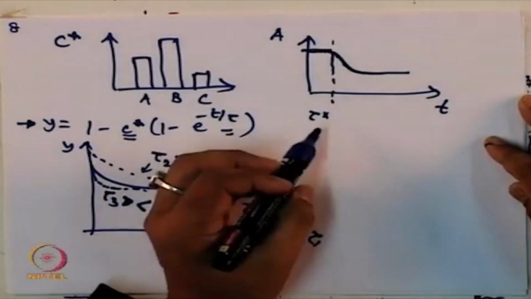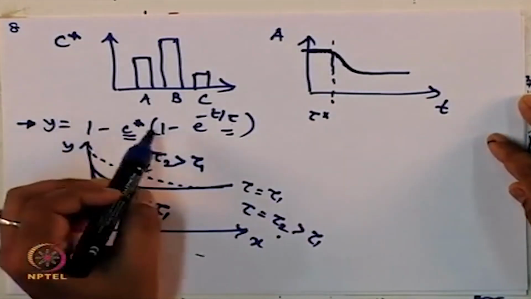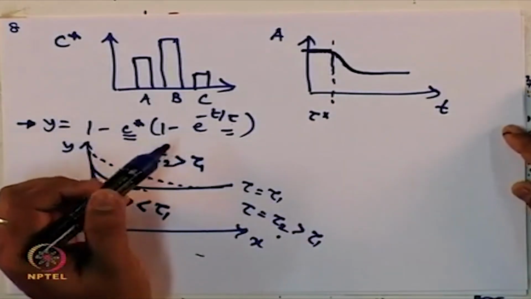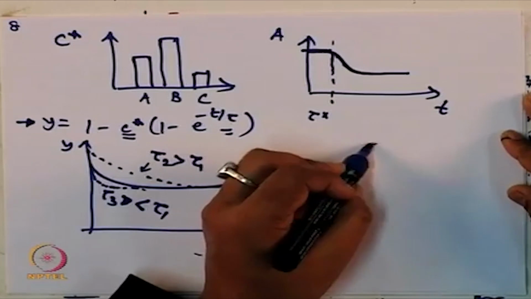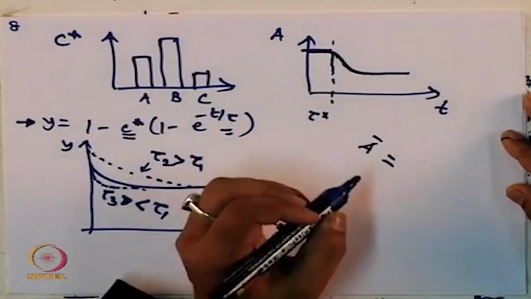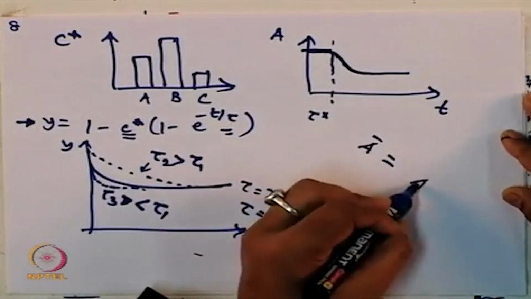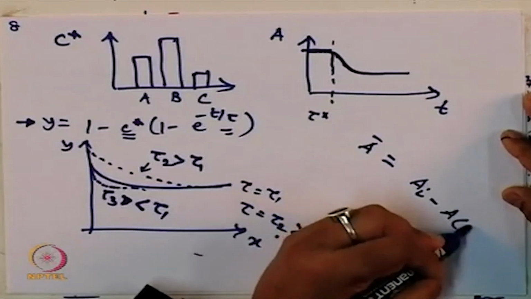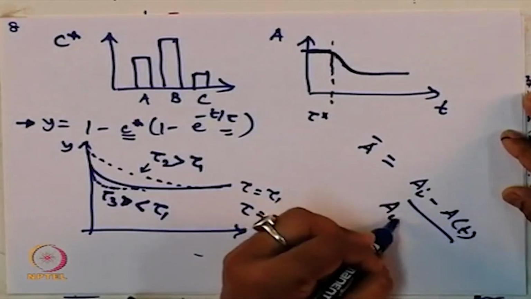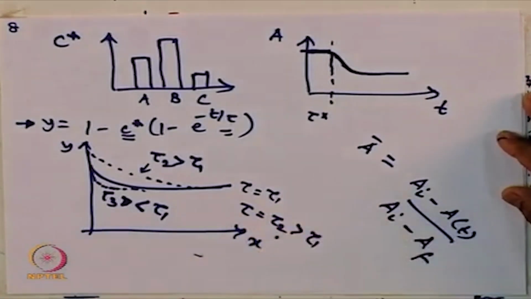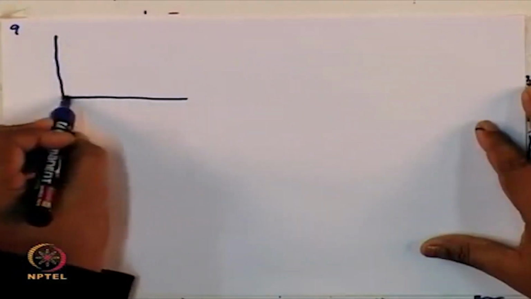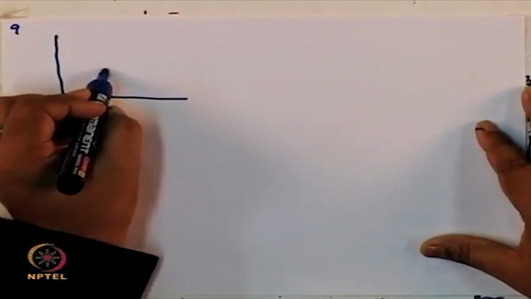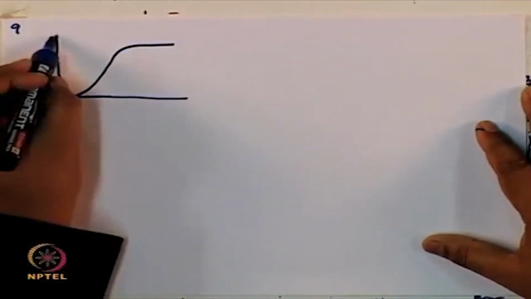In this case, maybe instead of tracking the area itself, a, we can track the change in area. Okay. So, I can define this normalized parameter a bar, which is ai minus a of t by ai minus af. In this particular case, the curve will look something like this.